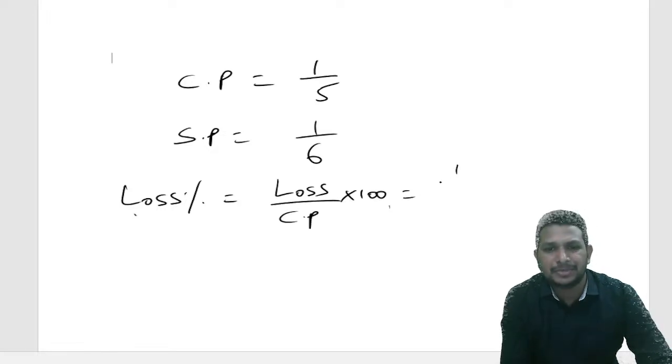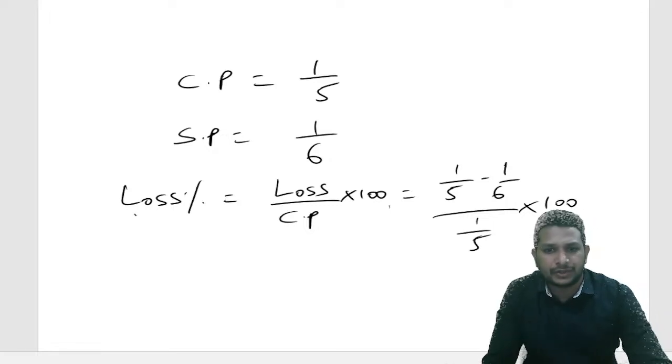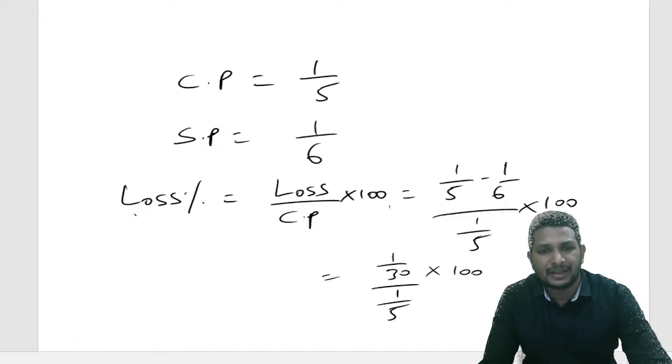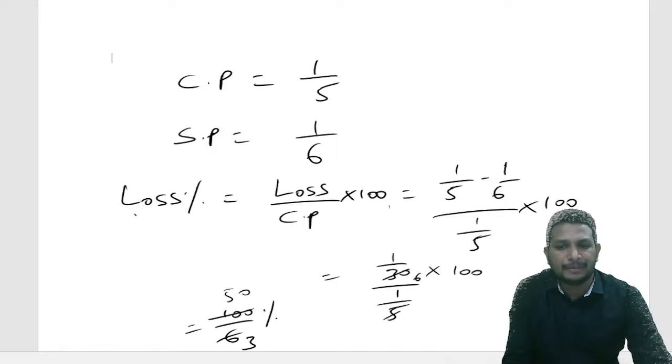Loss means CP minus SP, so (1 by 5 minus 1 by 6) by 1 by 5 into 100. If I do the simplification, we'll be getting 1 by 30 by 1 by 5 into 100. If I cancel this, we get 100 by 6 percent. 2 50s, 2 3s, 50 by 3 we got it.